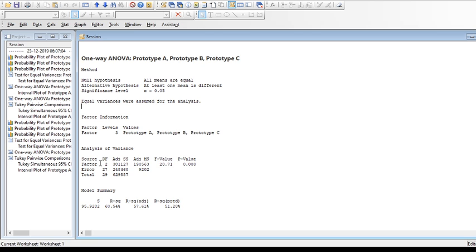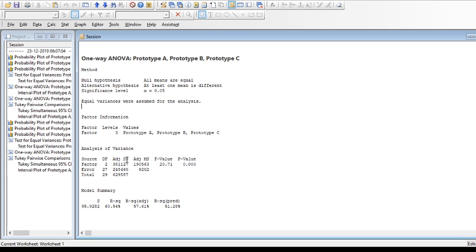Level A, level B, and level C. So I have to reduce that from my total. So 30 minus 3 will become 27 for me. And I add these 2 things together, and that will be a total of 29 degrees of freedom, right?